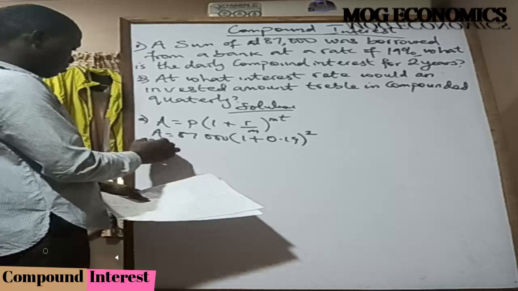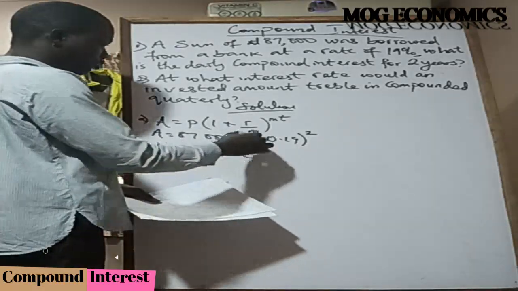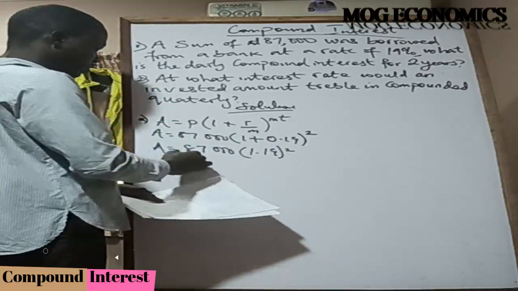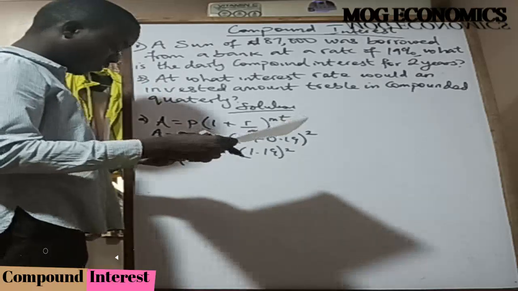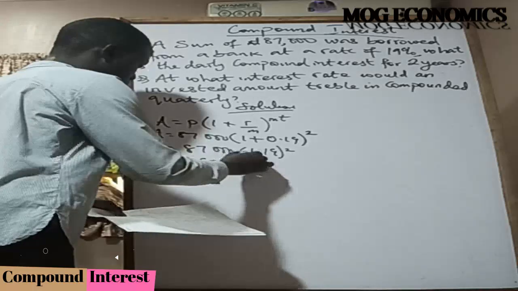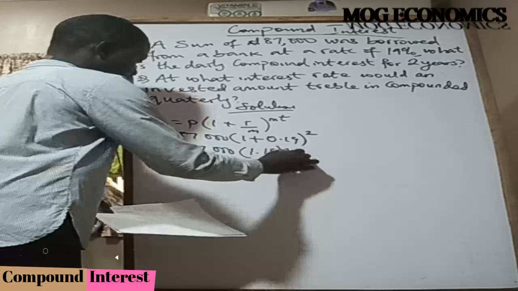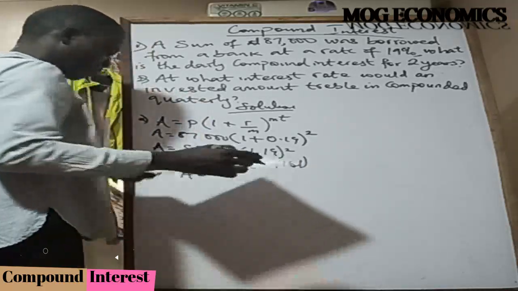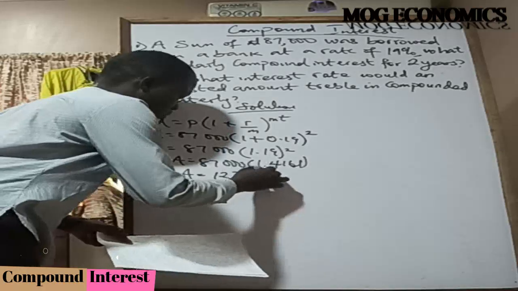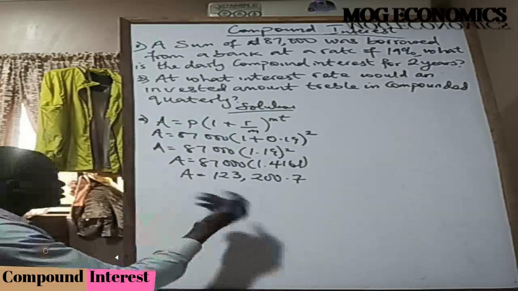So A equals 87,000 into brackets 1.19 squared, and 1.19 squared is 1.4161. So A equals 123,200.7. Okay, so now to get the interest, it's just the same thing.